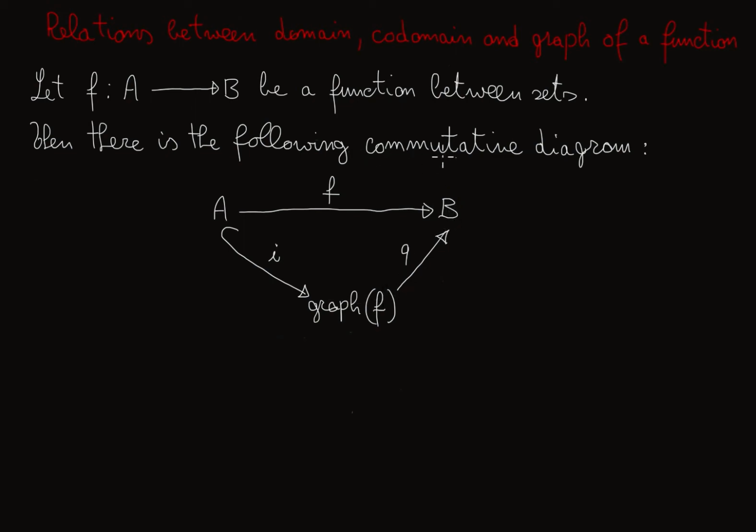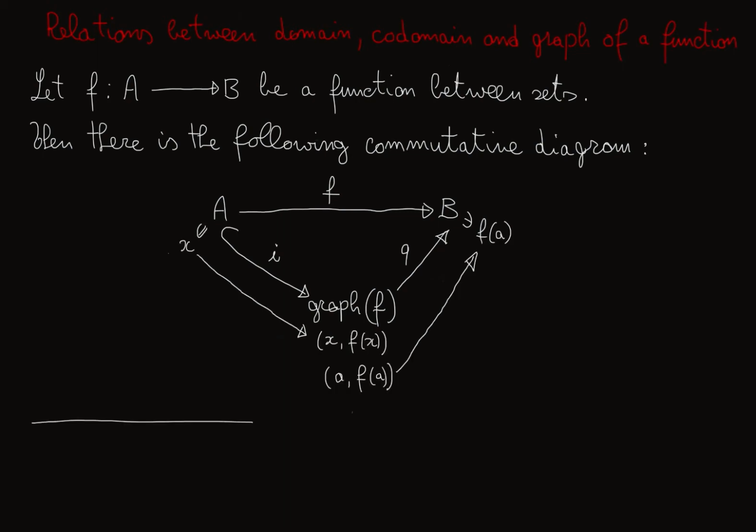So saying that it is commutative simply means that if I take any element in A and apply f, I end up in B. That element, the image of this element in A, is exactly the same element I will be getting if I first take I of this element, landing in the graph of f, and then apply q to it. This means commutative.